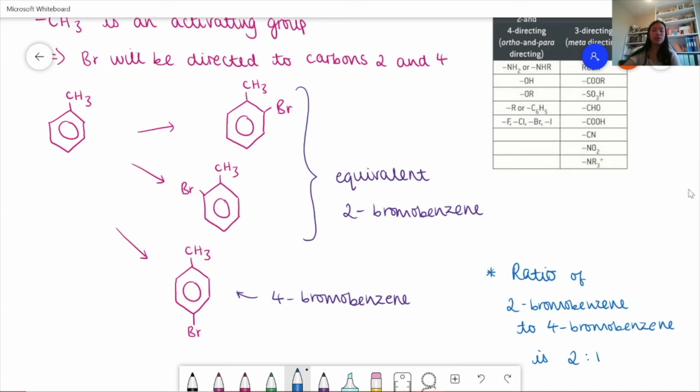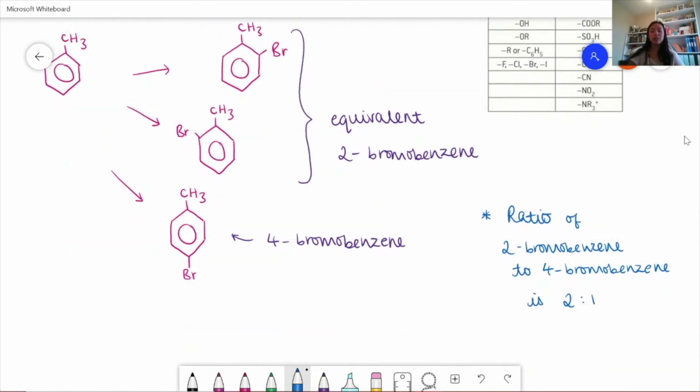And so that means that we must have 67% of this 2-bromobenzene and only 33% of this 4-bromobenzene.